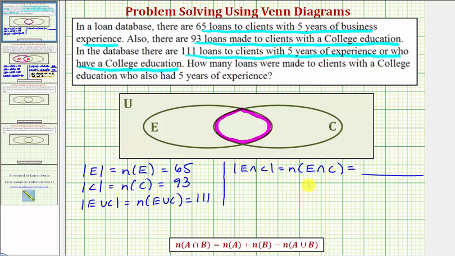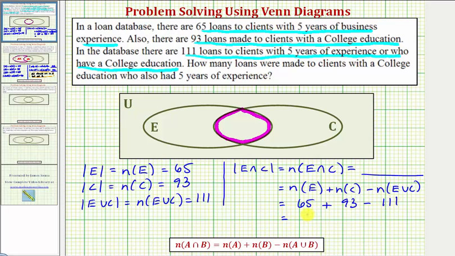So again, applying our formula here, this is going to be equal to the number of elements in E plus the number of elements in C minus the number of elements in E union C. And notice how we have all the information we need from the given information. This is equal to 65, the number of elements in E, plus the number of elements in C, which we know is 93, and then minus the number of elements in the union of the two sets, which we know is 111.